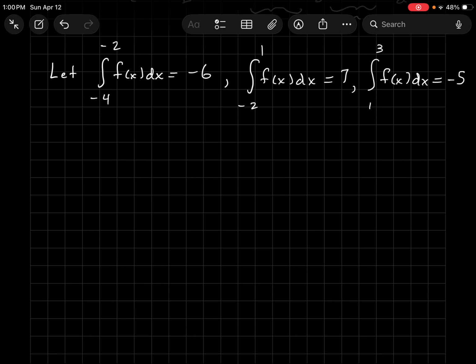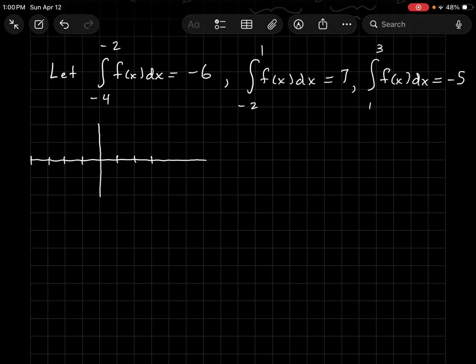Before I ask the questions, let's draw a picture and see if we can give us some information that'll help us solve the problem later on. Now, we don't have to have the exact picture. We just need a picture that kind of tells us what's going on. So, I'll get my x values in here.